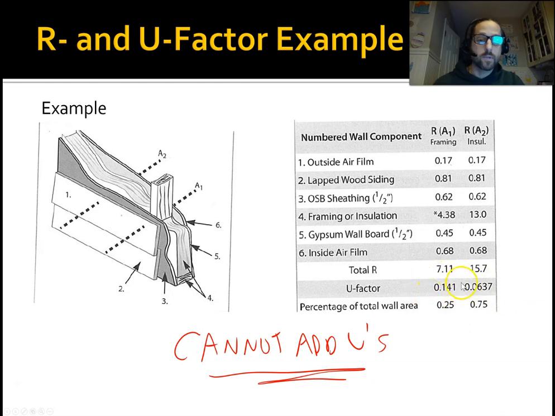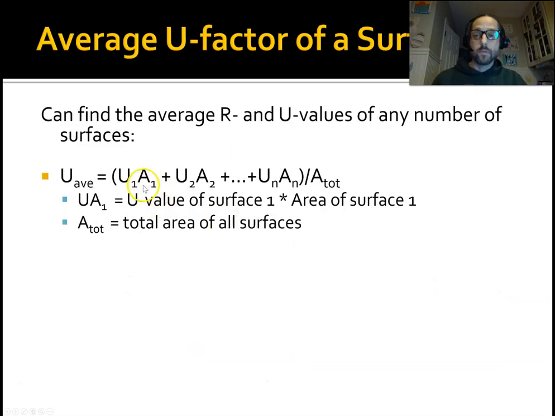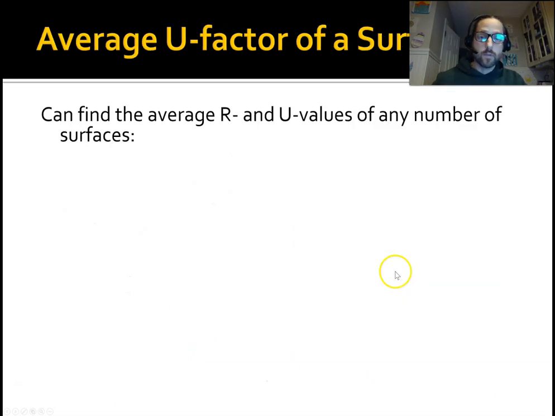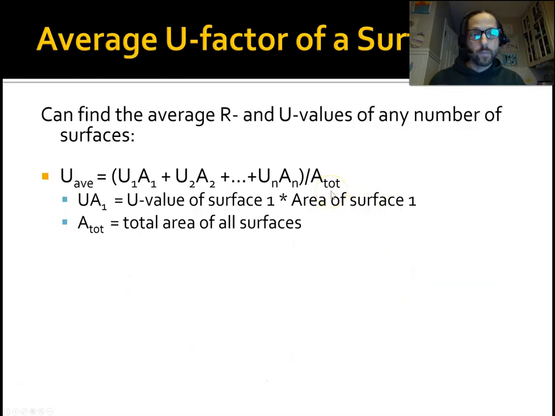Let's say this was 25 square feet and this was 75 square feet. Then U average would be 0.141 times 25 plus 0.0637 times 75, and then you divide that by 100 because that's the total area. That's one way to do it, and you can do it that way if you want to.